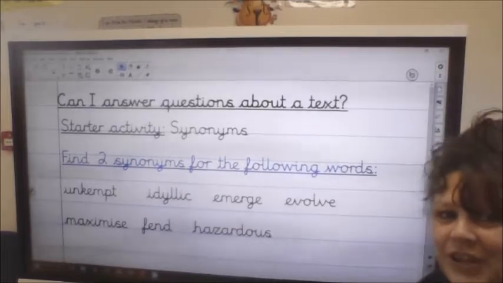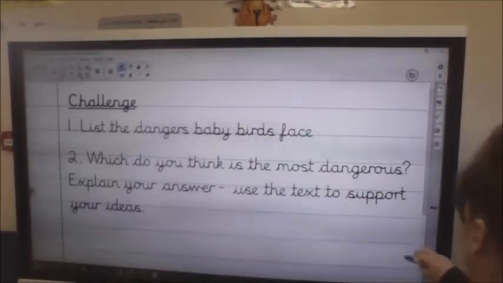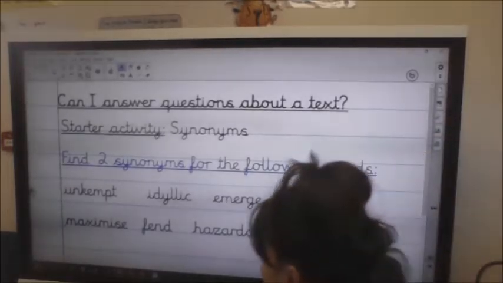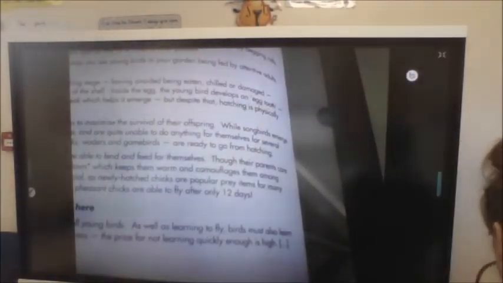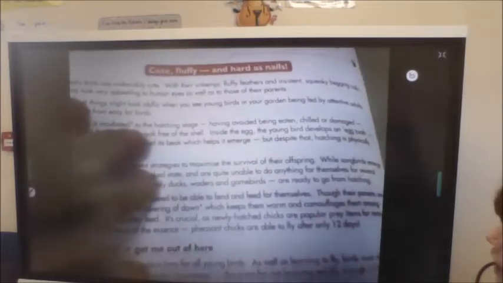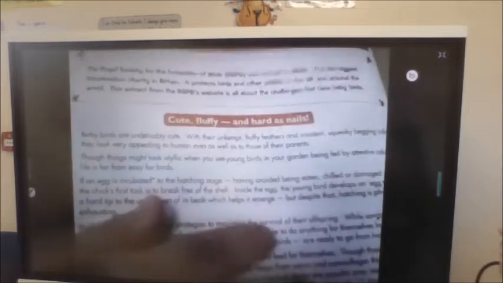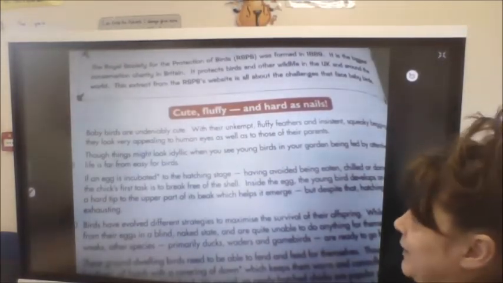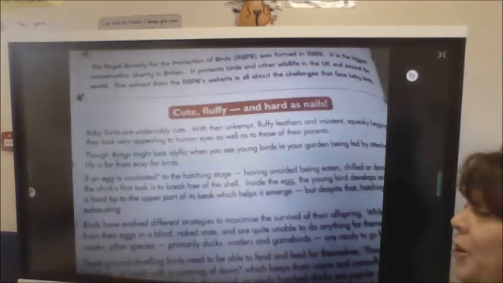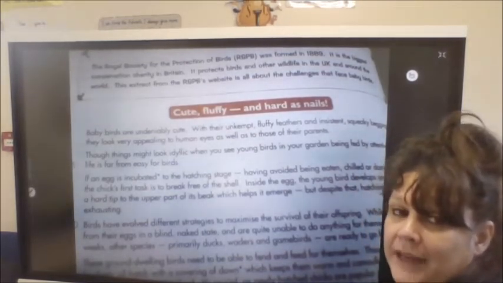Right, let's have a little look at the text then. So we've got a lovely, sorry, I was moving my board on, but a lovely little text this morning about birds, and it's from the Royal Society for the Protection of Birds, or the RSPB, and you will find it on page 6 of your comprehension book.